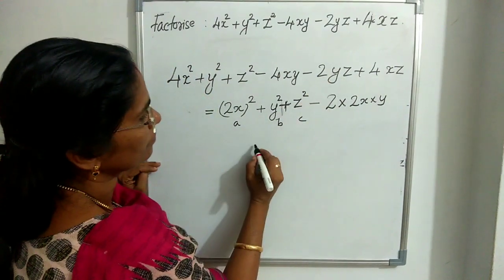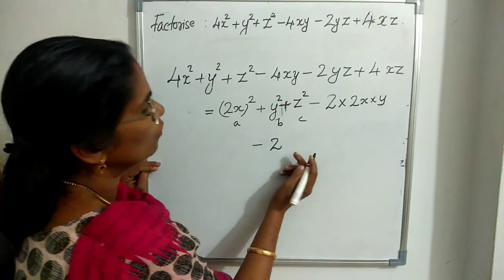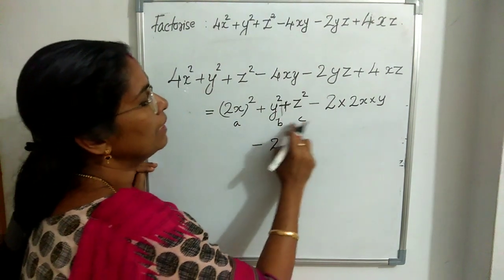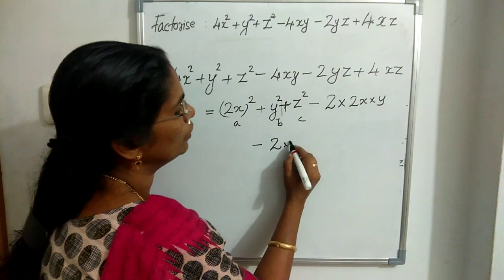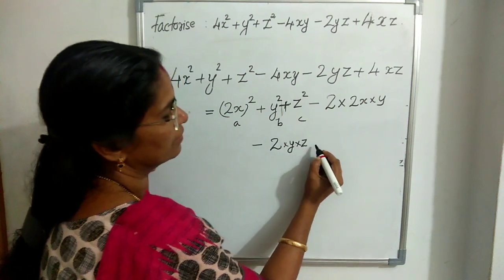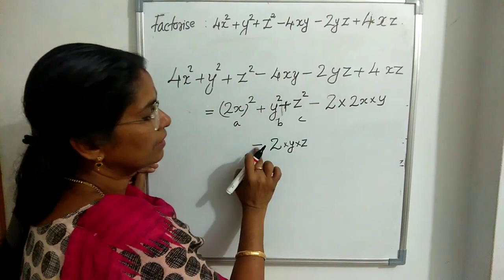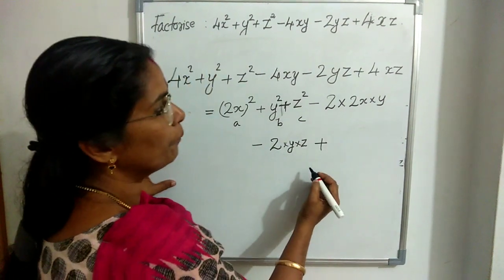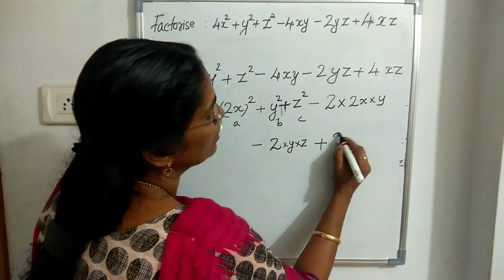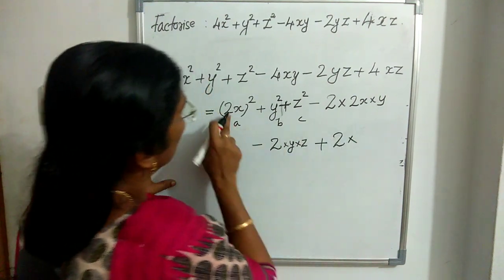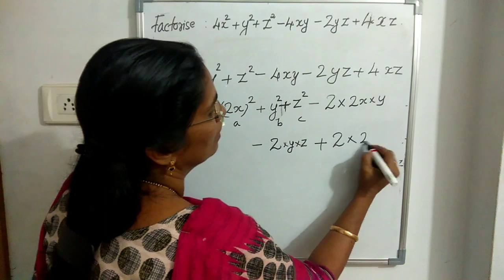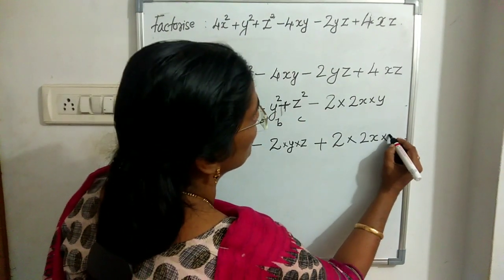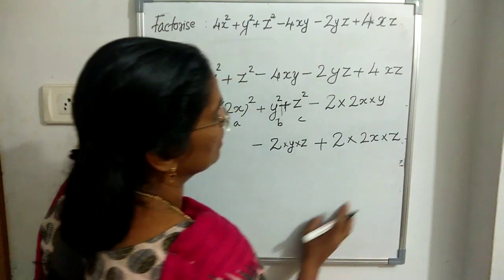Next term minus 2. What is our next term? Plus 2BC. These 2 terms only. So 2 into y into z. That is correct. Already the negative sign is given here, that is why we are writing negative. Next, 2AC. So 2A, A is here 2x, and C is here z.